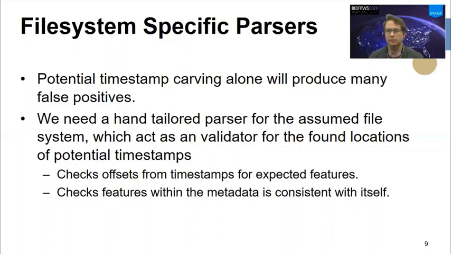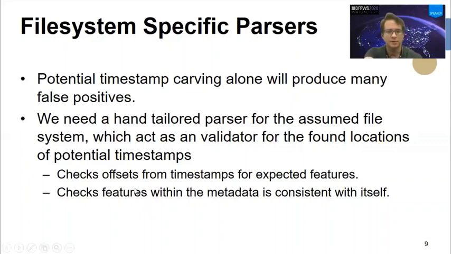And basically what the tools do in general here is check offsets from the timestamps for expected features. So the timestamps are used as anchor points. And you can look at the expected features you would expect to be offset from the timestamps in the metadata entry.